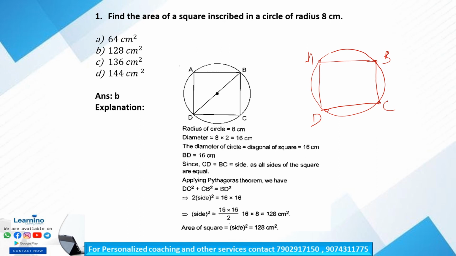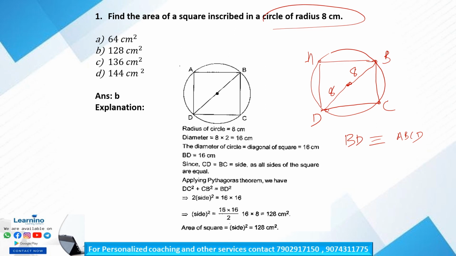Is it clear? So the data they have given is that the radius of the circle is 8 centimeter. Then what will be the diameter? Diameter is 8 plus 8, equal to 16 centimeter. So we can say that the diameter BD of the circle is equivalent to the diagonal of the square ABCD.